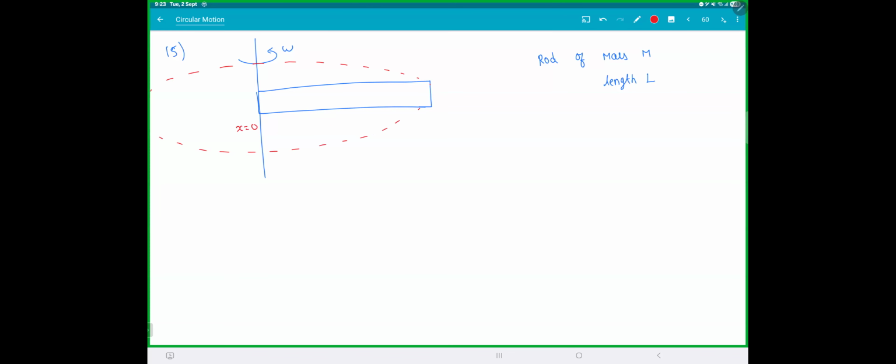This is x is equal to 0. This is x is equal to L. Neglect any gravity. Now, when you're rotating everything, the centrifugal force will start pulling you out. That means there'll be tension in the rod. So find the tension in the rod at a distance x from the left end.